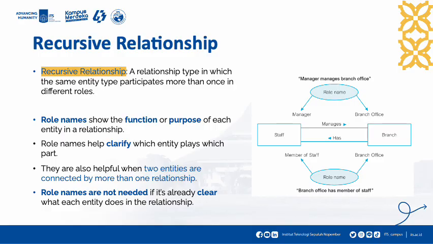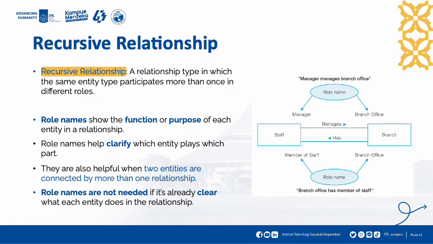Role names help clarify which entity plays which part, and they are also helpful when two entities are connected by more than one relationship. For example, here staff and branch have more than one relationship. But sometimes role names are not needed if it's already clear what each entity does in the relationship.